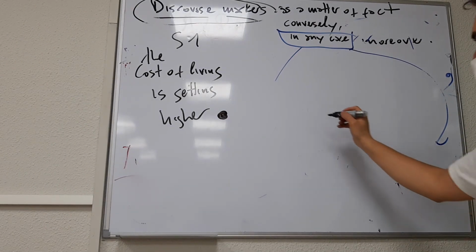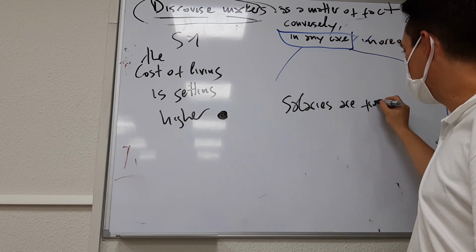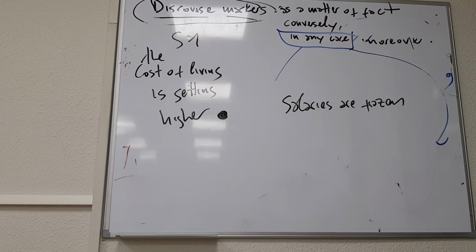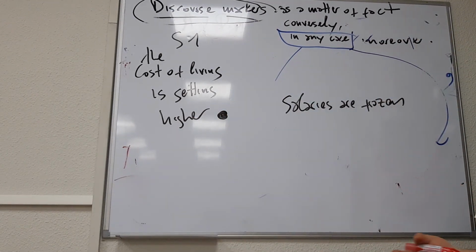Salaries are frozen. What is the best choice here for a discourse marker? The cost of living is getting higher, it's difficult. Salaries are frozen, that's even more difficult.